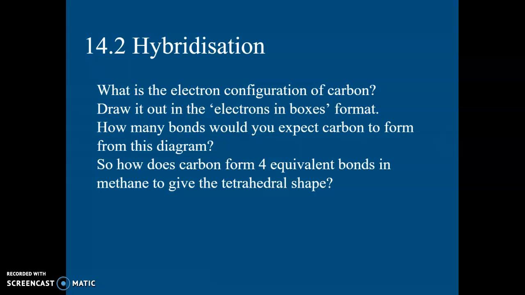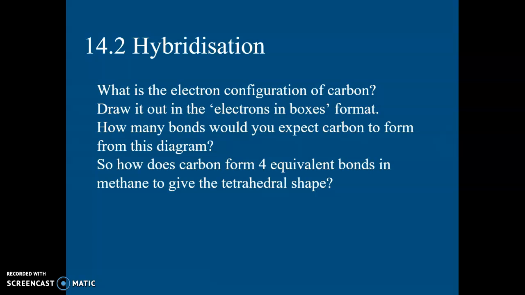But when we draw carbon bonding to form methane, we show it with 4 equivalent bonds in a tetrahedral shape. Now if you go back to the sigma and pi bonding stuff, you'll think it should form slightly different types of sigma bond.